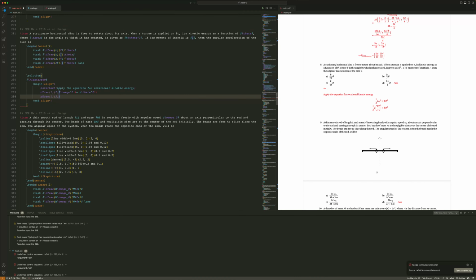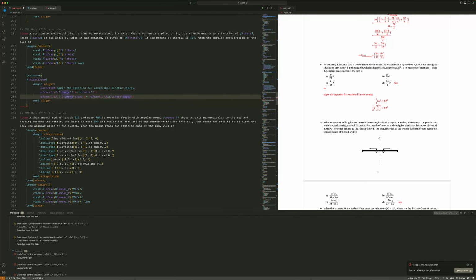Half I, let's say 2 omega into alpha, because we just differentiate. So 2k theta. No. It should be... 1 or 2, k will be common, 2 times theta and then omega.